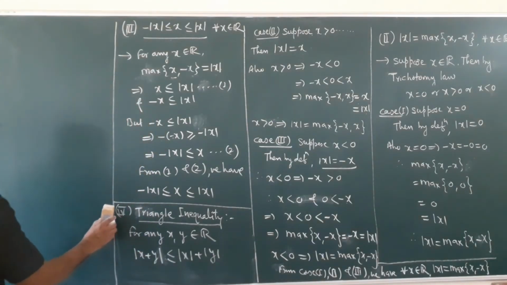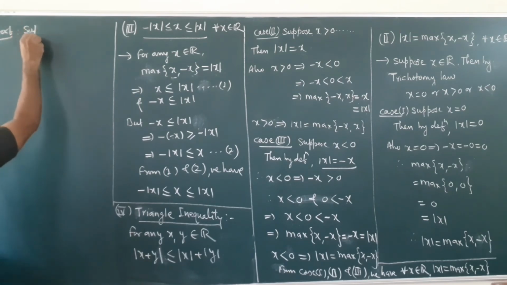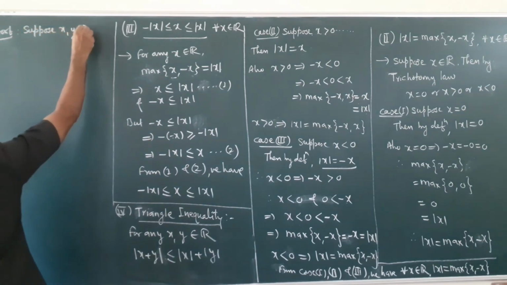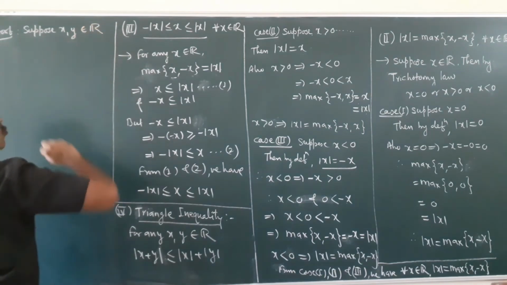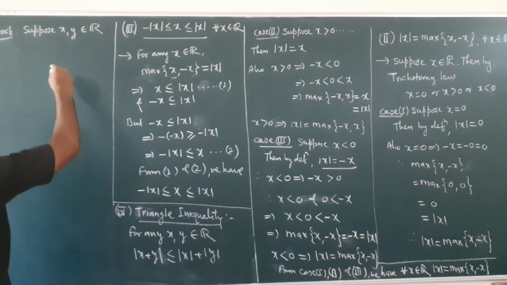Now we will try to prove this triangle inequality. Proof. A simple proof: suppose x, y belong to R, that is, x and y are any two real numbers.